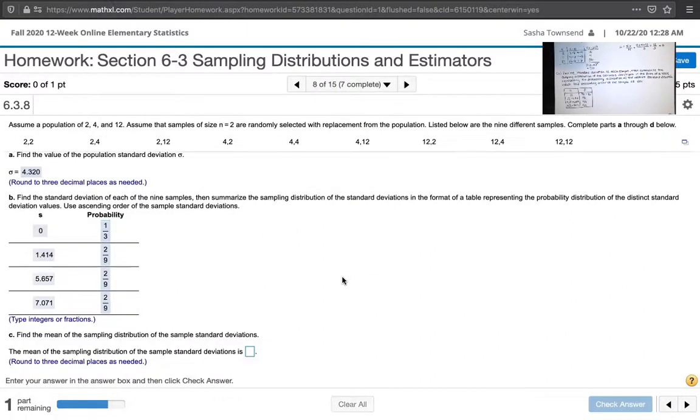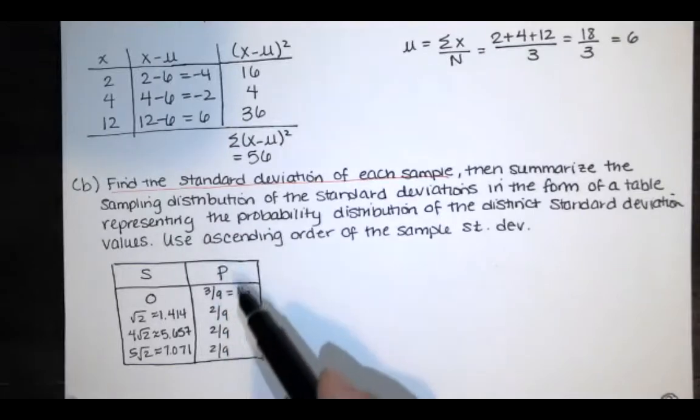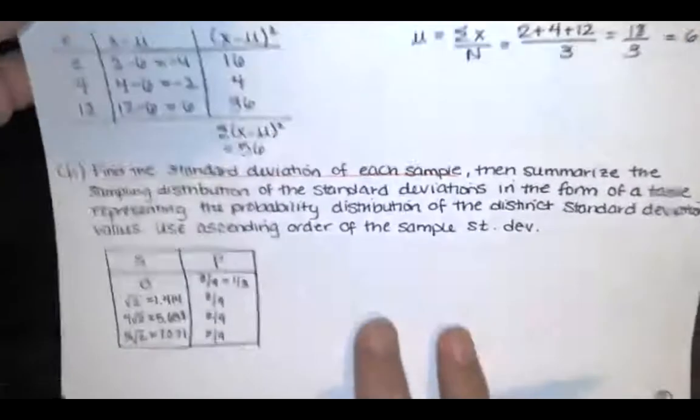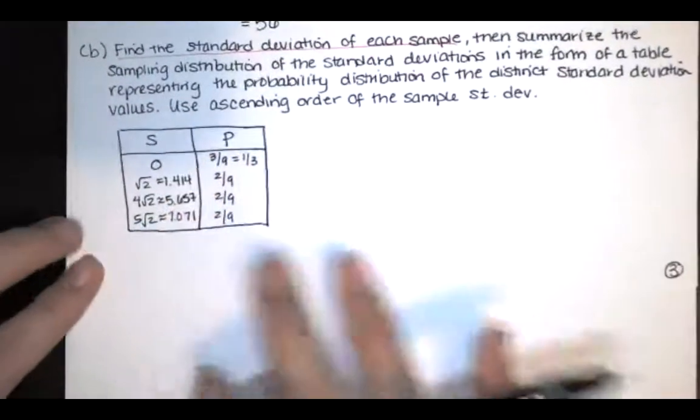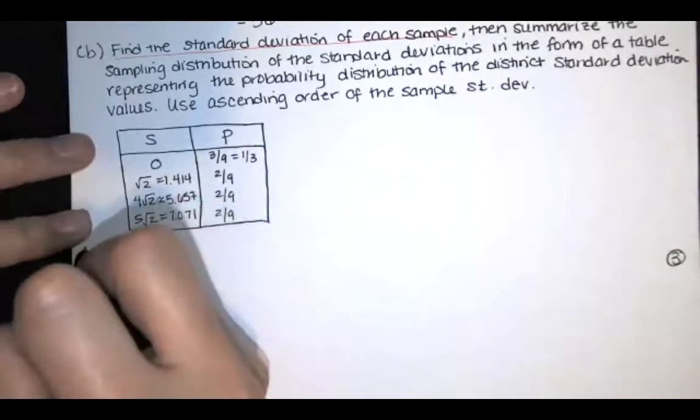Okay. Now, part C says, find the mean of the sampling distribution of the sample standard deviations. Okay, so we want the mean of this guy. So we've got all these sample standard deviations, and we're saying, well, what's the expected value of the sample standard deviations?